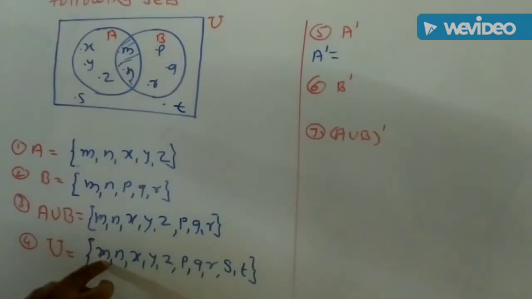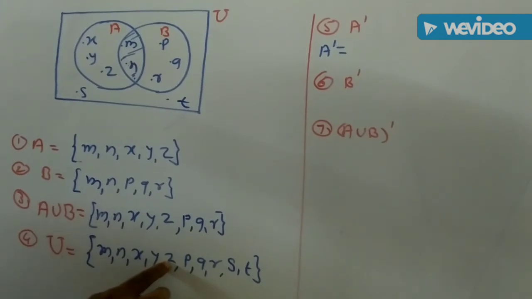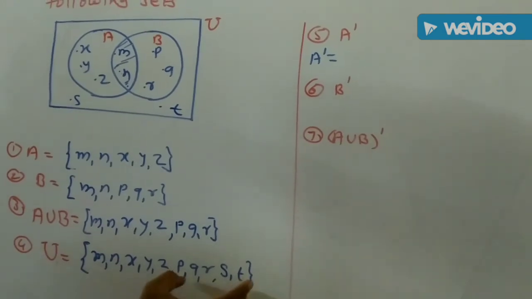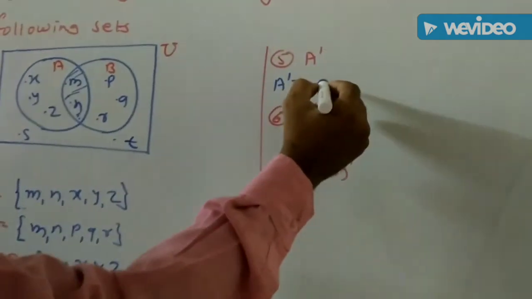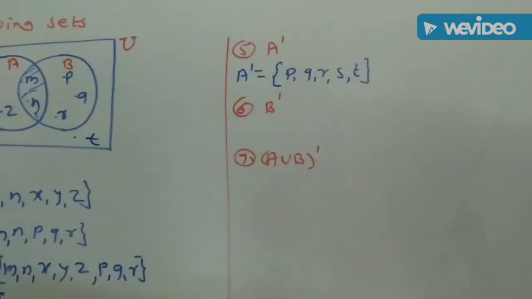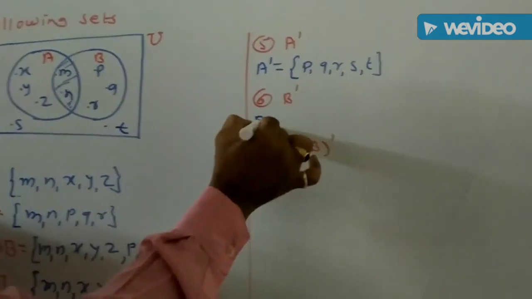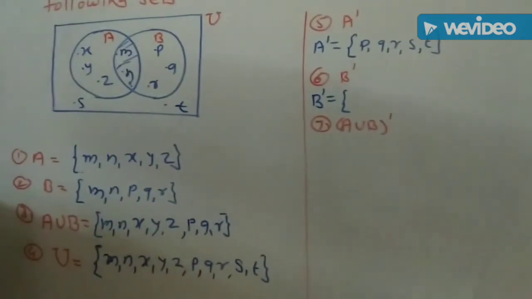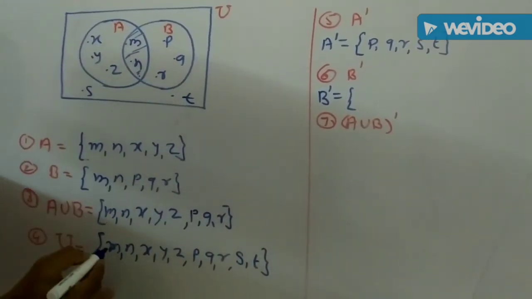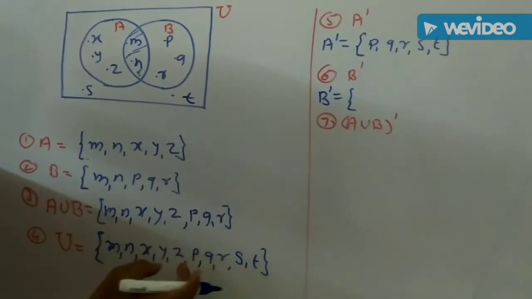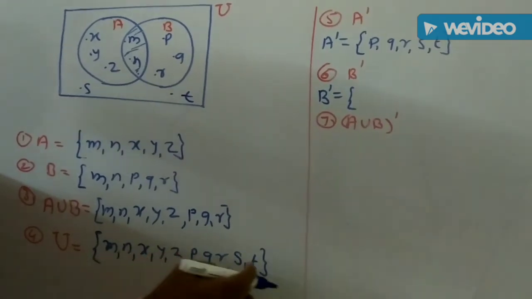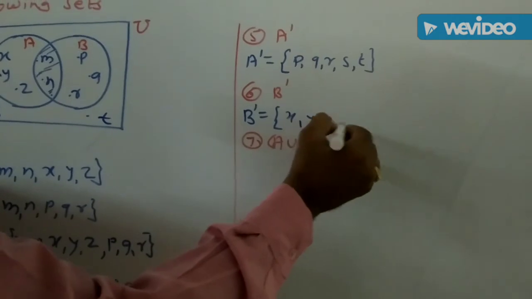In A we are given M, N, X, Y, Z. The remaining elements are P, Q, R, S, T, and therefore the set P, Q, R, S, T is the complement of set A. Then the complement of set B means the set of all the elements which are present in the universal set but not in B. In B we are given M, N, P, Q, R, and X, Y, Z, S, T are not given. Therefore the set of elements X, Y, Z and S, T is the complement of B.